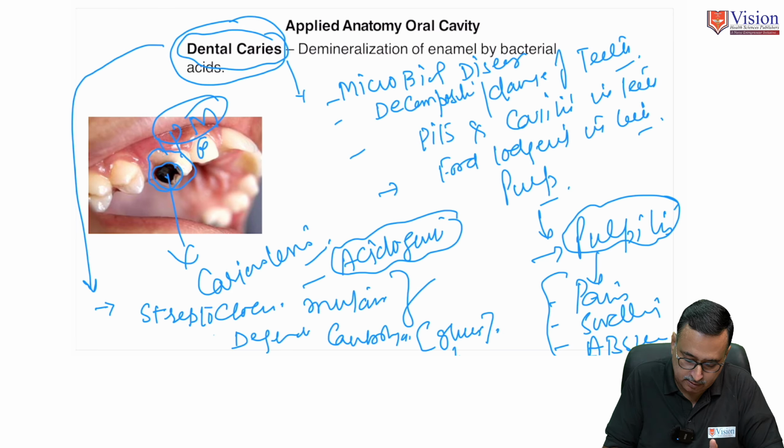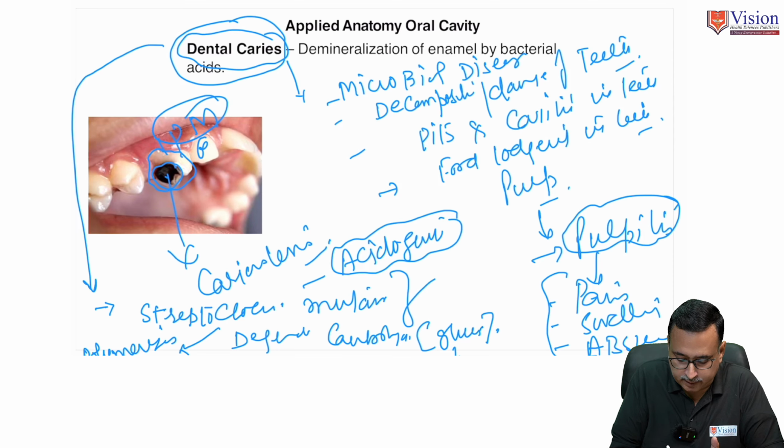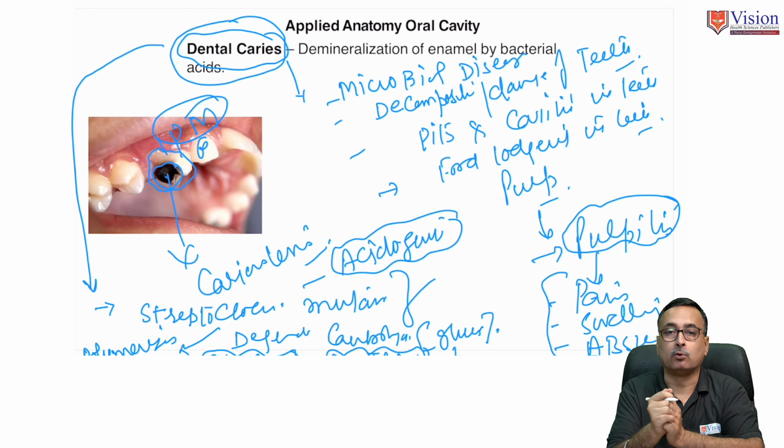Additionally, this bacteria polymerizes glucose and converts it into glucan. An important glucan is dextran. So what are the effects of this polymer of glucose?